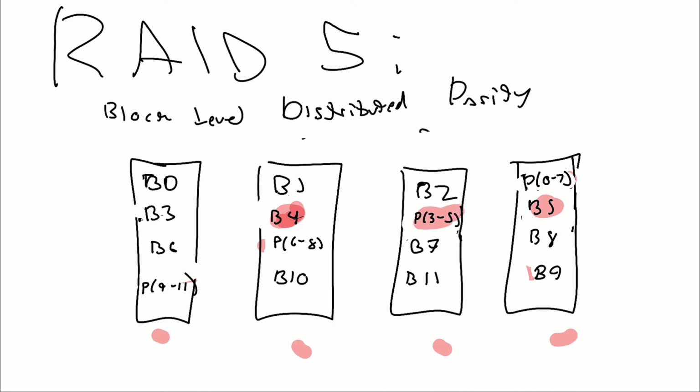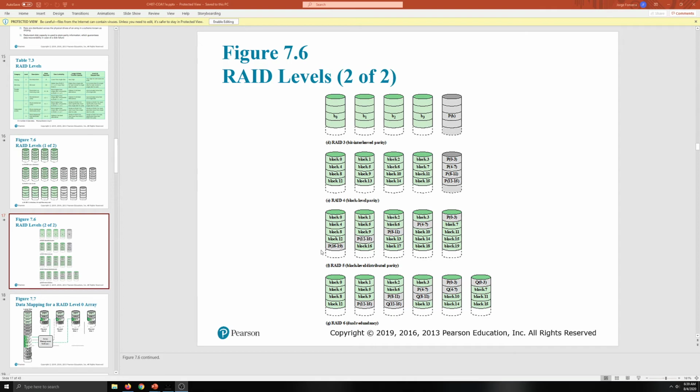That's cool. Then later on you're accessing this piece of data, so you're accessing the parity bit for that over here. So as you can see, there's less bottleneck versus RAID 4, where you're always accessing the same drive for every single access, and we don't want that because that is a bottleneck.